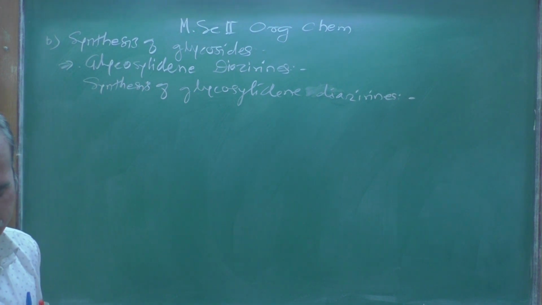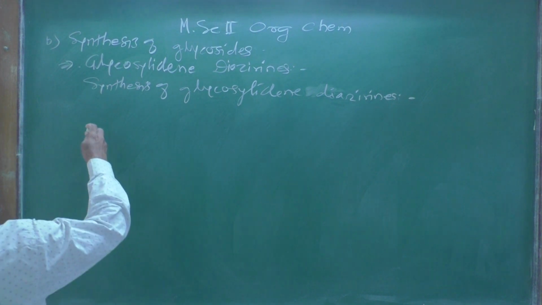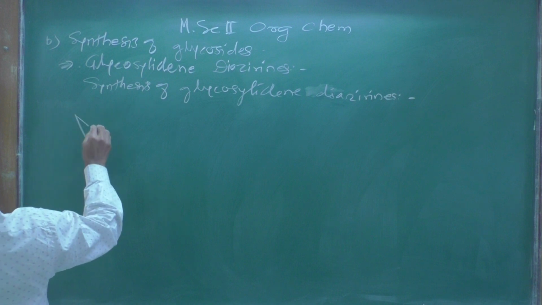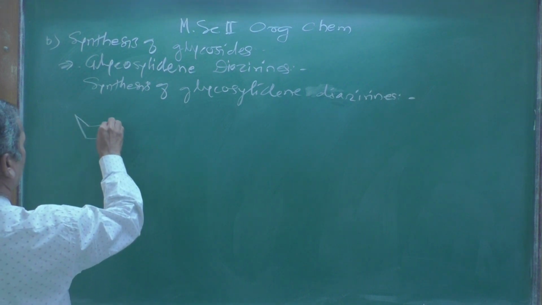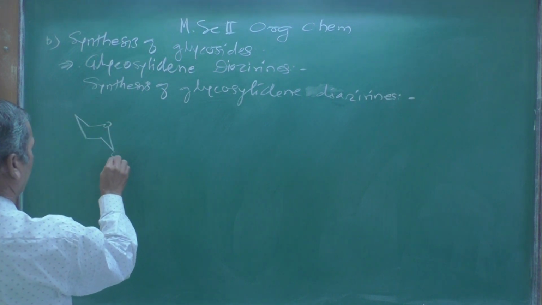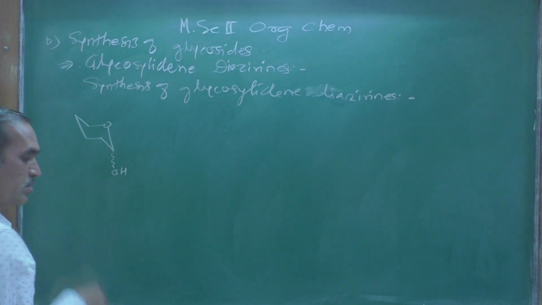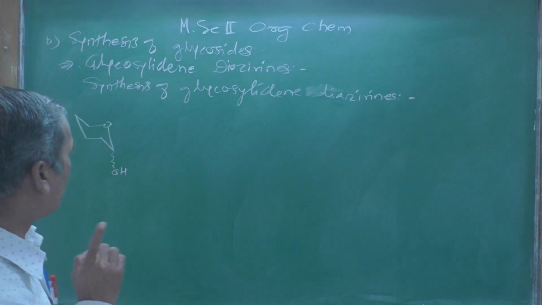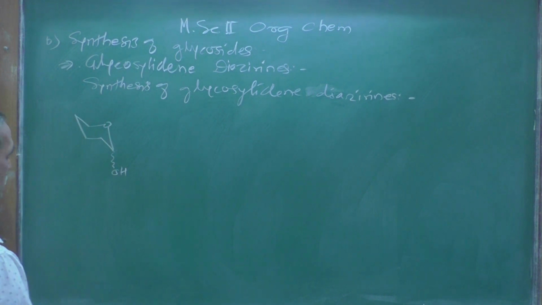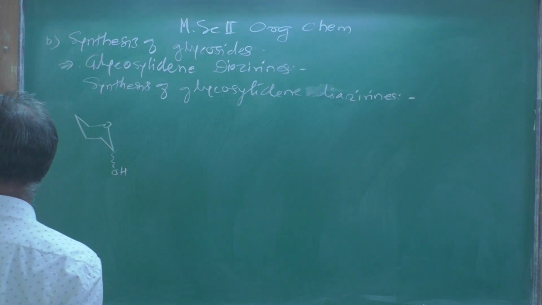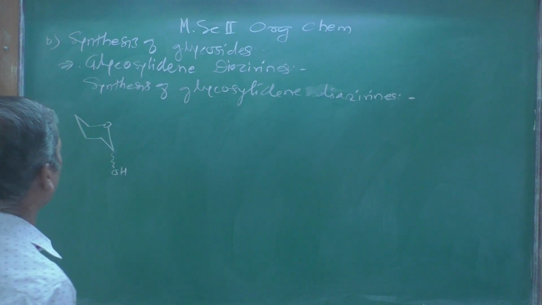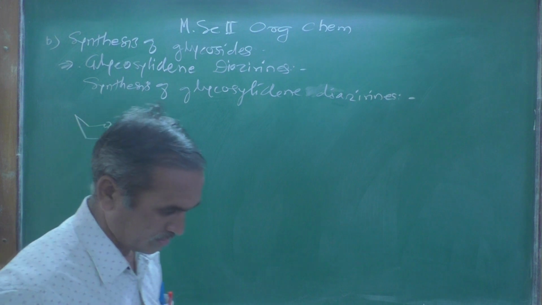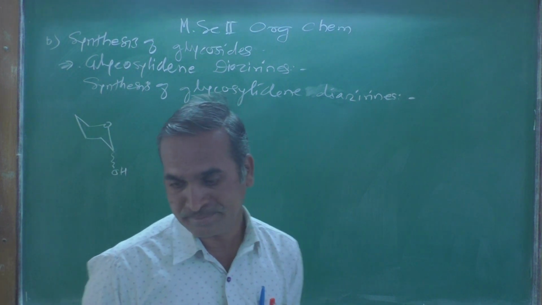Let's see the first compound which I am showing over here. Observe carefully this one, and here I am showing the hydroxyl group with that type of bond. It means that this hydroxyl group, whether it is at the alpha position or beta position, is not assigned.